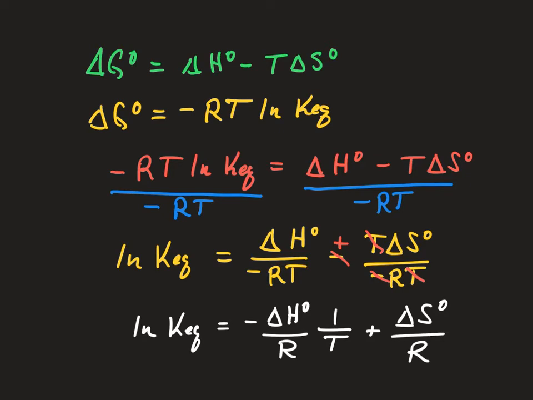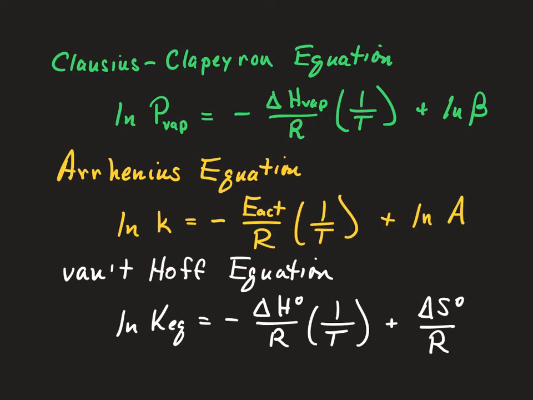And if we look, this is an equation of the form we've seen before. So here are the three equations we've encountered that follow that same pattern. The Clausius-Clapeyron equation related the vapor pressure to the enthalpy or the heat of vaporization. We had the natural log of the vapor pressure, heat of vaporization over R, 1 over temperature.